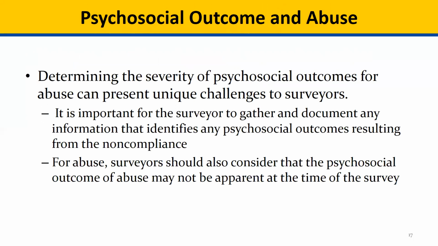We wanted to take some time to discuss how to apply the Psychosocial Outcomes Severity Guide to citations at F600 for abuse. CMS recognizes that determining the psychosocial outcomes for abuse can present unique challenges to surveyors. Oftentimes, the psychosocial outcomes of abuse may not be apparent at the time of the survey, since it may take months or years to manifest itself and can have long-term effects on the resident and his or her relationship with others.